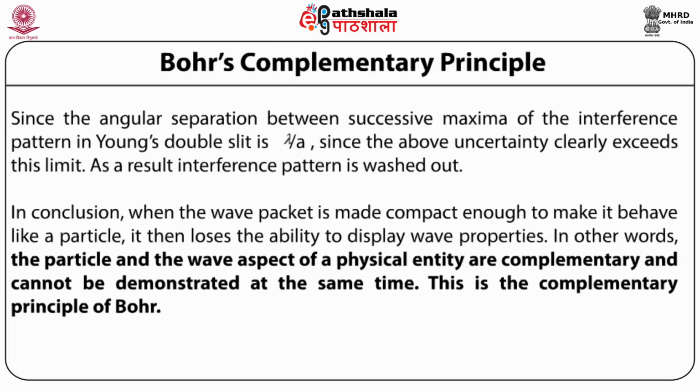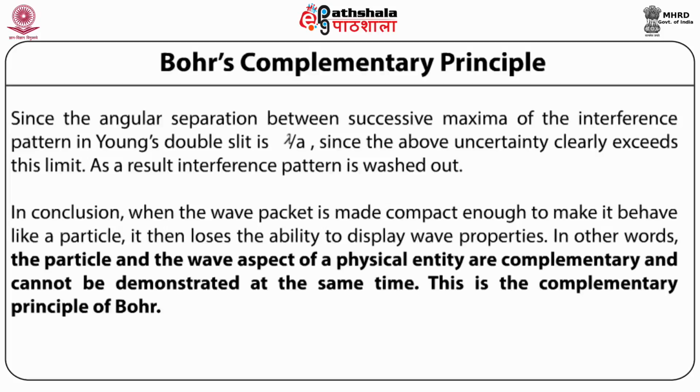Now, the angular separation between successive maxima of the interference pattern in Young's double slit is lambda by a, where lambda is the wavelength of the wave associated with the particle, and a is the half separation between the two slits.